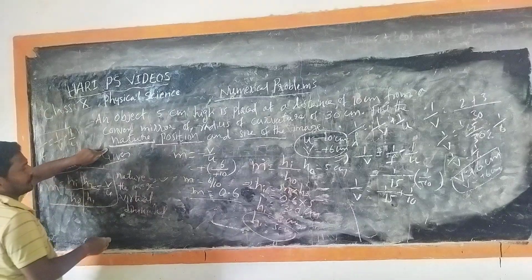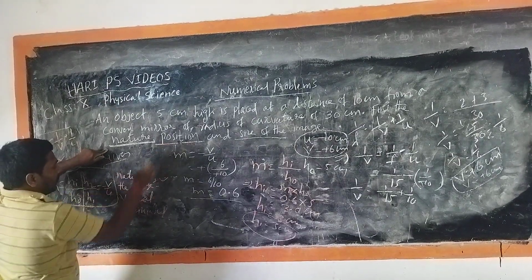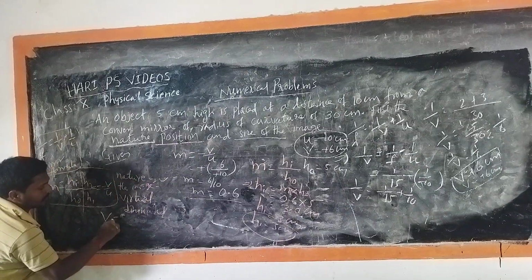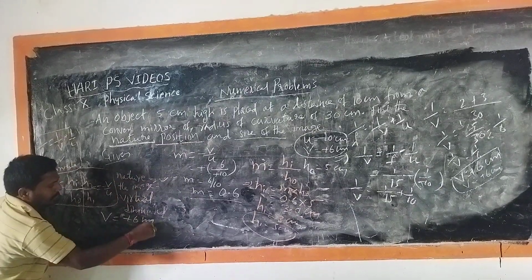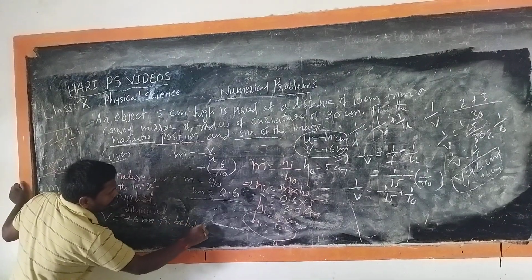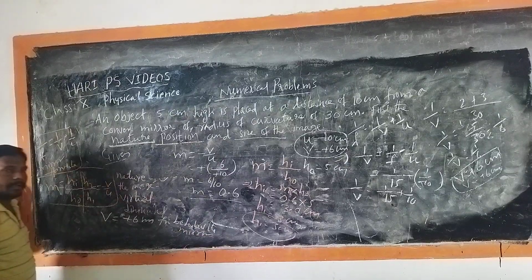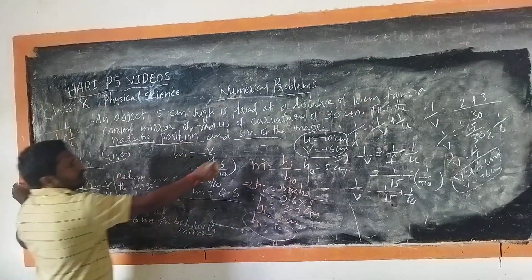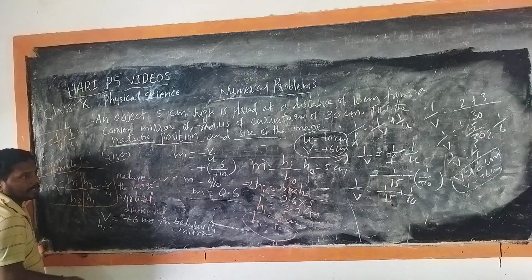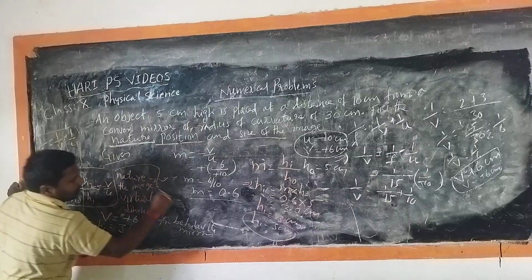So what is the nature? Virtual and diminished. The position of the image: v is equal to plus 6 centimeters, behind the mirror. The size of the image hi is equal to 3 centimeters.